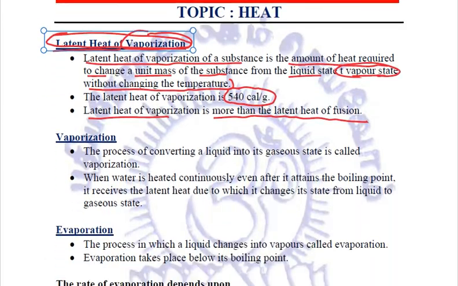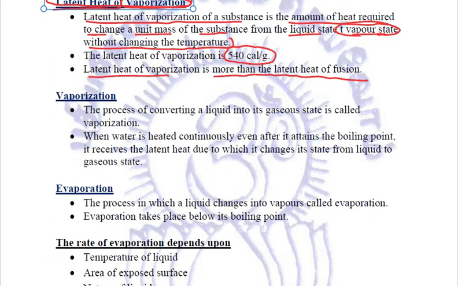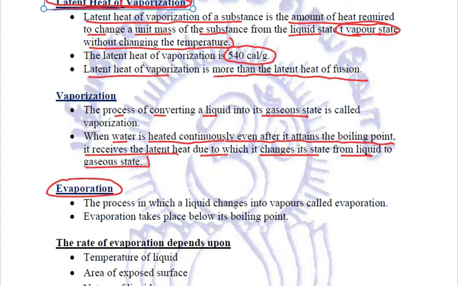Next, let us see what is vaporization. We already know it is the process of converting a liquid into the gaseous state. Right? Now, for example, when water is heated continuously, even after it attains the boiling point, it receives the latent heat, due to which it changes its state from liquid to the gaseous state. Another term which is used to convert a liquid into gas is evaporation.